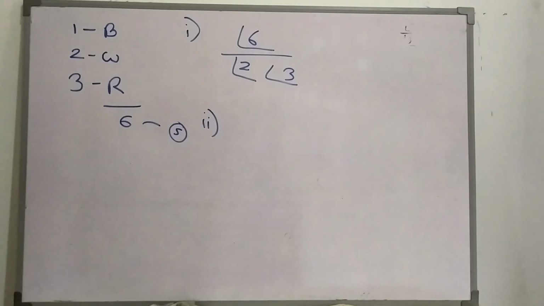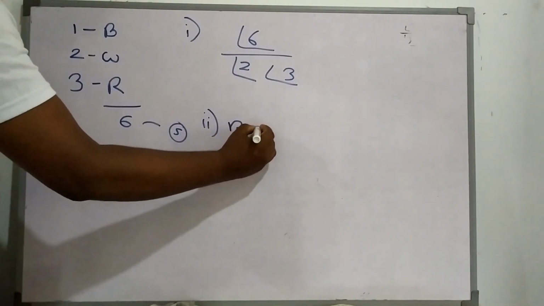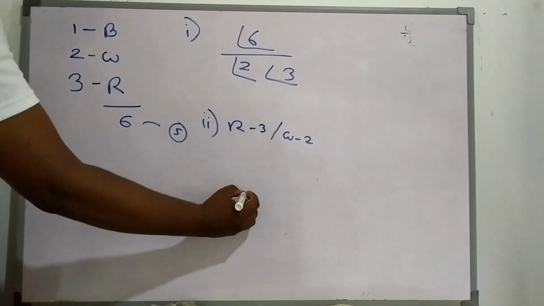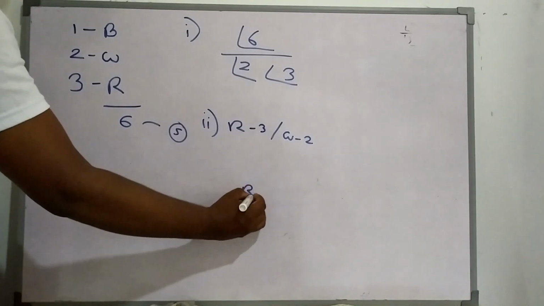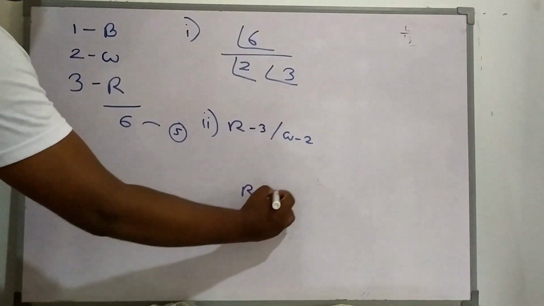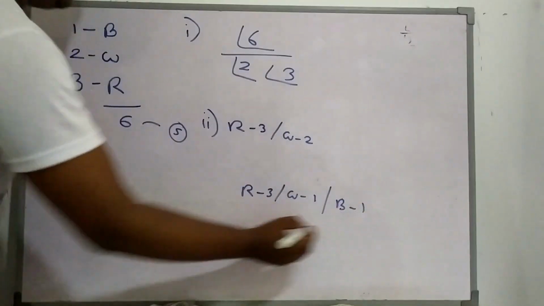So first I'm removing blue, leaving red 3 and white 2. The second is removing white, leaving red 3, white 1 and blue 1.